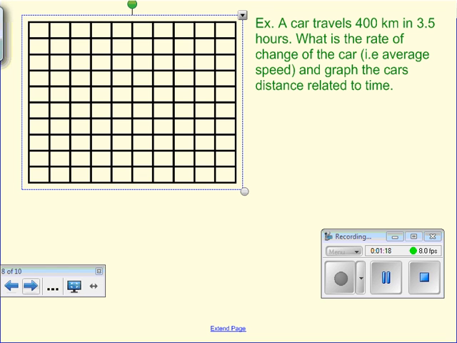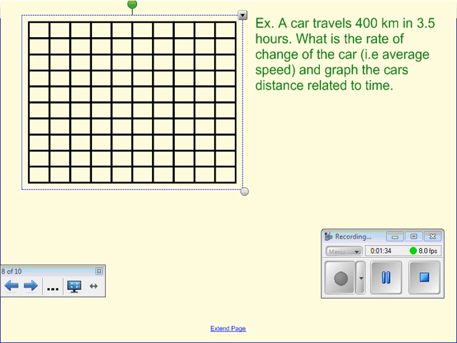I have a car and it's traveling 400 kilometers in 3.5 hours. And I want to know what's the rate of change of my car. So its average speed. So how fast has it been going over that 400 kilometers?